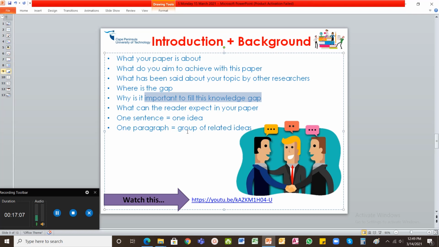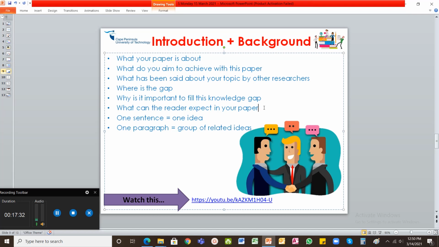You can't just do research for no reason. Then your background will also indicate what the reader can expect in your paper. So basically what your paper is about. So what they can expect could be, for example, in chapter 1, we're going to look at the history of teenage pregnancy. Chapter 2, we're going to look at the statistics of final examinations, for example.